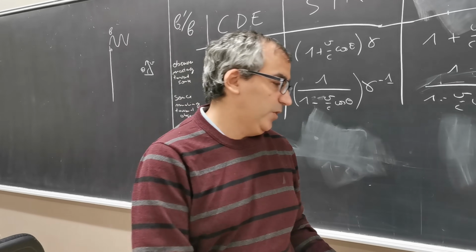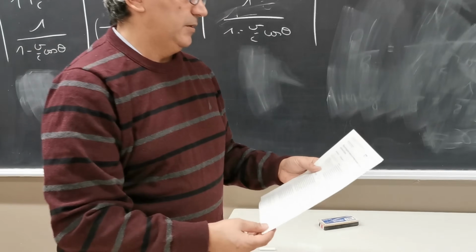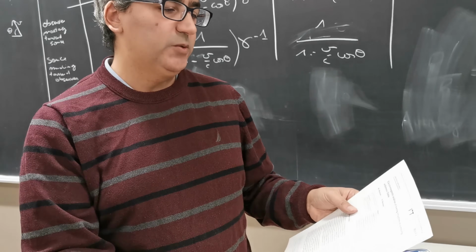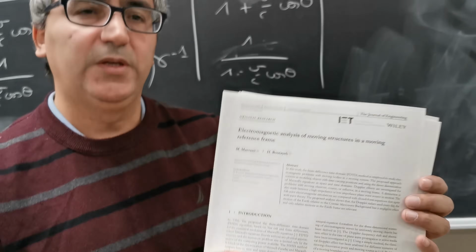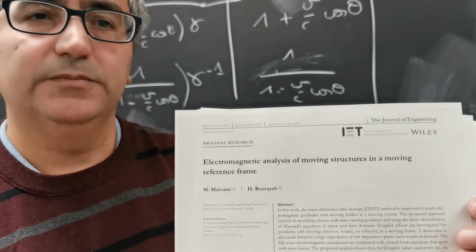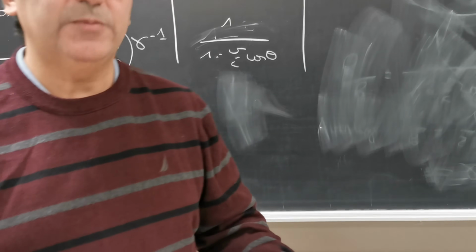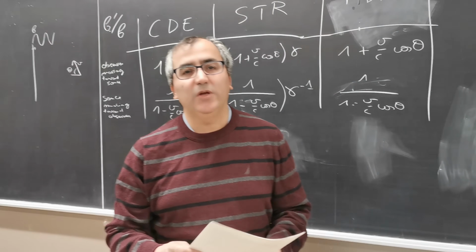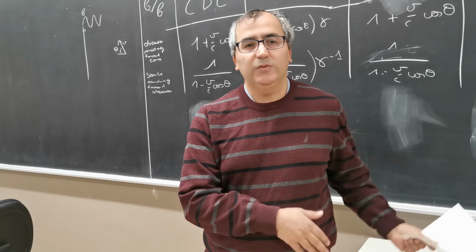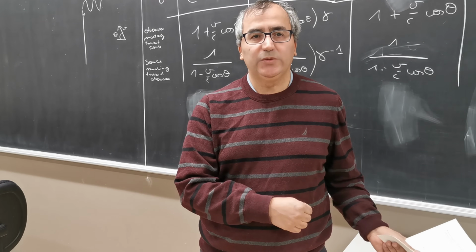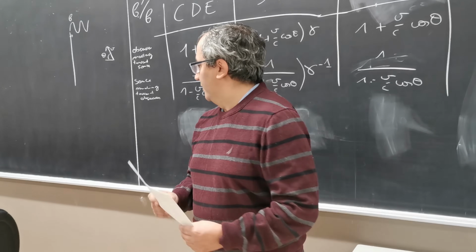Recently we published a paper. Its name is Electromagnetic Analysis of Moving Structure in a Moving Reference Frame. In that paper, we analyze the different Doppler effect formulas, and we compare with what we get in the simulation using Maxwell's equations.